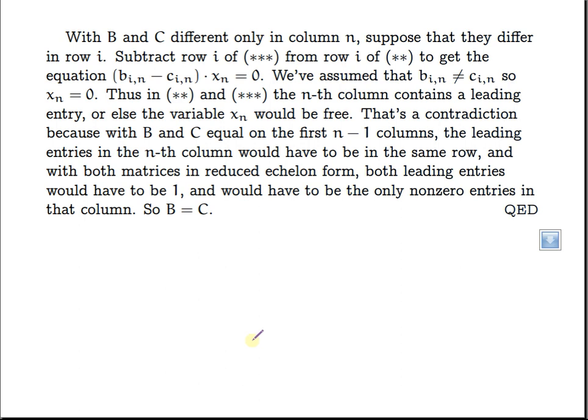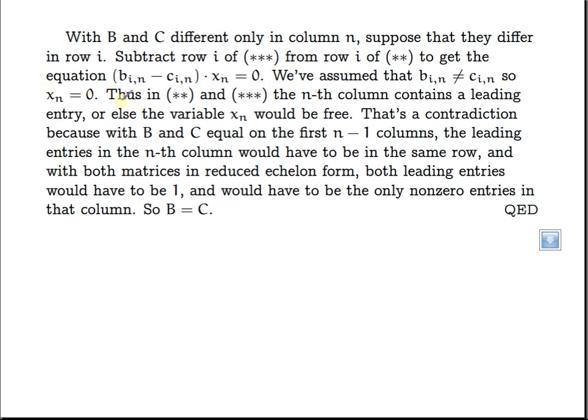And if you work it out, you'll see that what's left is only (B_in minus C_in) times xn. Now we're assuming that these are different, and we're going to show a contradiction from that. So that gives us this equation. Since these are not equal, that gives us xn is equal to 0.